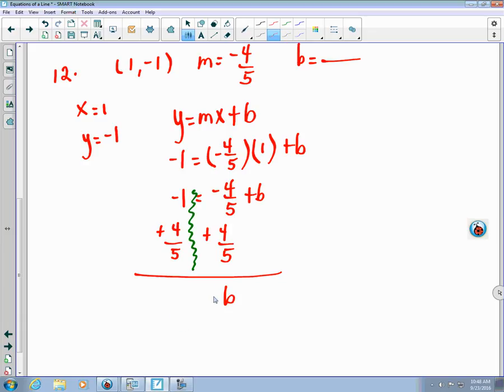Very good. That would be b equals, what is negative 1 plus 4/5? Okay, I don't want it as a decimal. I've told you guys 100 times. Negative 1/5. Very good. Negative 1/5? Yes or no? Yes, thank you.